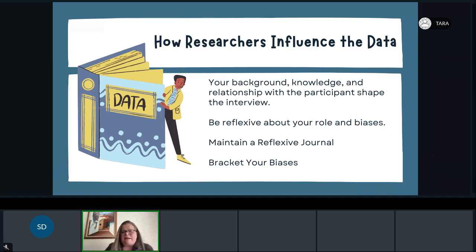So like I said, maintain a reflexive journal, consciously set aside your preconceived ideas to remain as open as possible, and revisit the transcripts as objectively as possible. You can also have an expert in your field review your findings to ensure that what you took from the transcripts is an accurate reflection of the themes that were in the transcripts themselves.